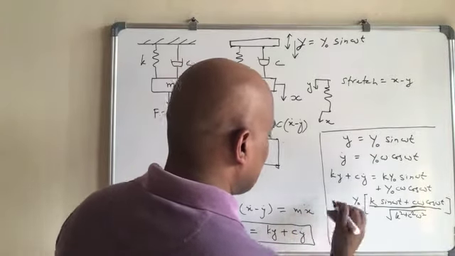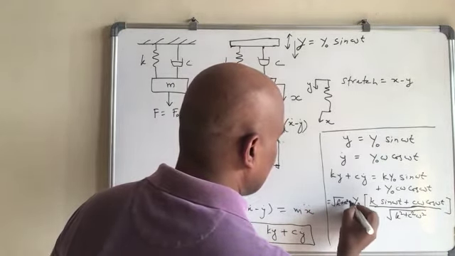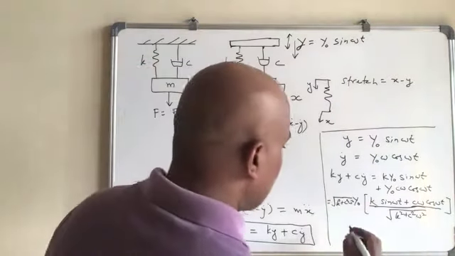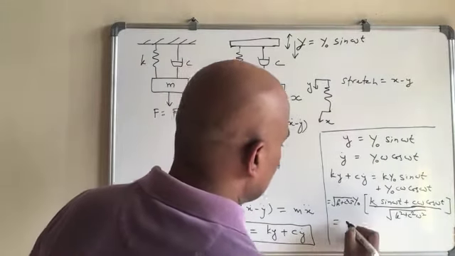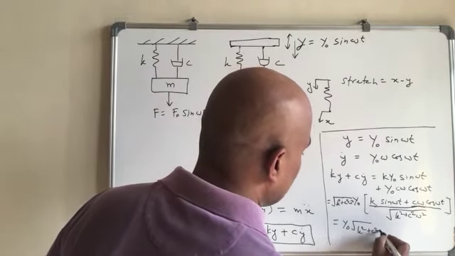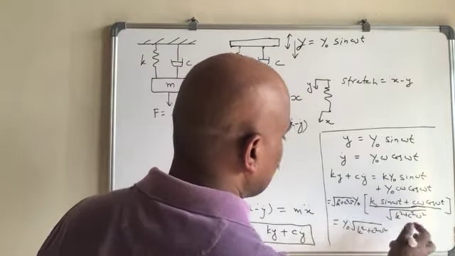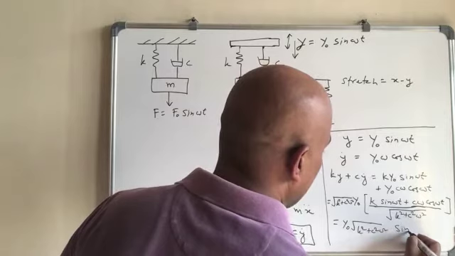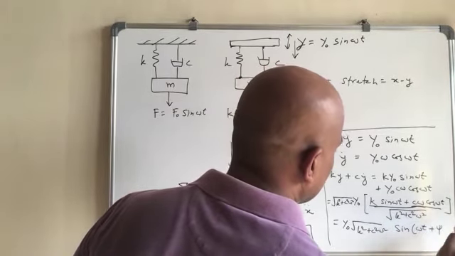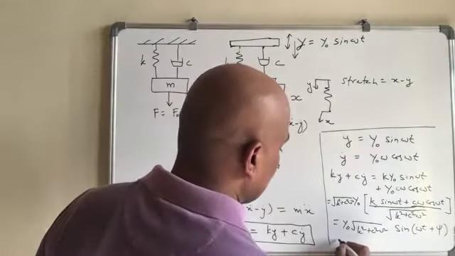So we get y naught root k square plus c square omega square times sine omega t plus, let's call it psi.